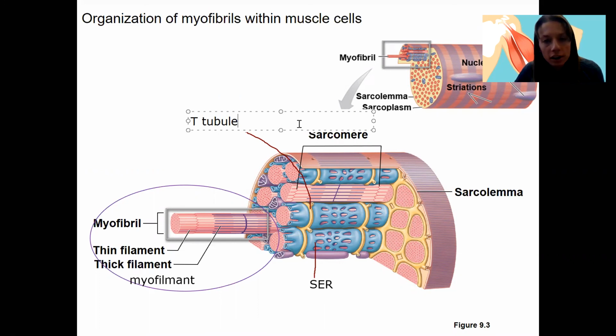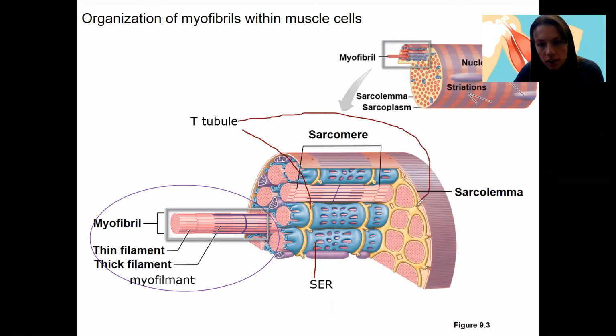And let me draw another line showing you that it comes from, also it is right here, extensions of the sarcolemma that extend down into the center of the cell, surrounding each of these myofibrils. That will be important for contraction.